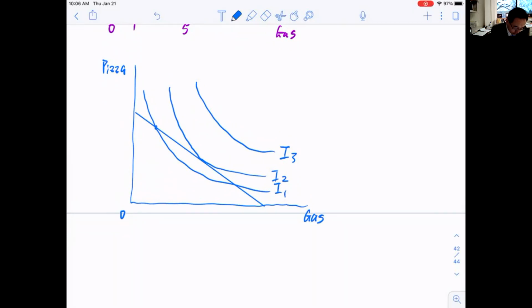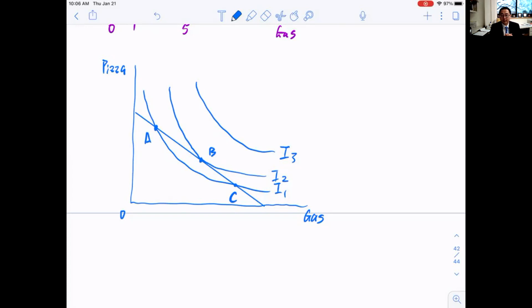Right here, call this point A, I1 crosses your budget constraint. Right here, I2 touches your budget constraint. Then right here, call it point C, I1 crosses your budget constraint again. So if I tell you that your choices are somewhere among A, B, and C, which point do you think you're actually going to consume at?